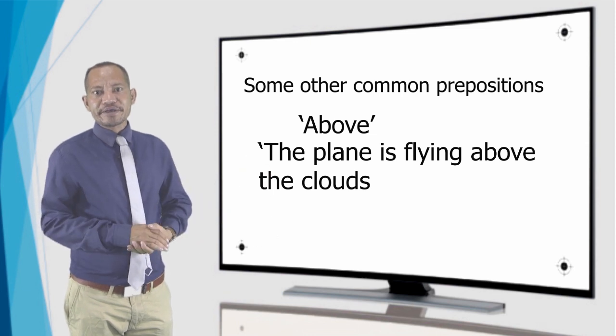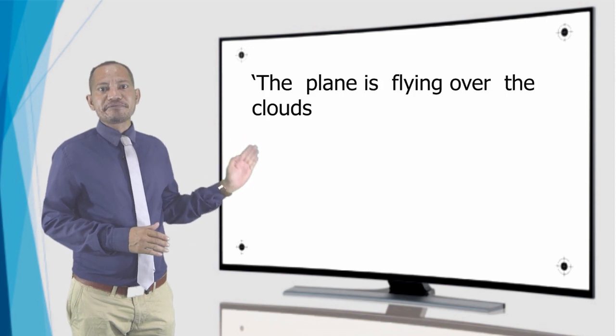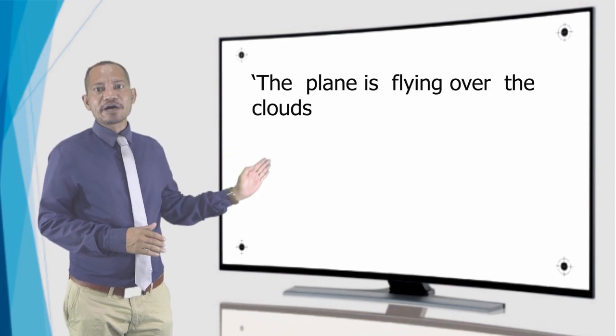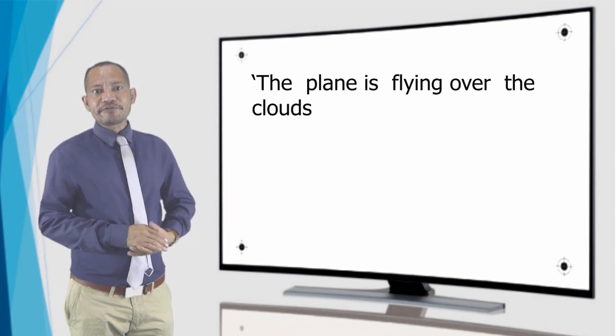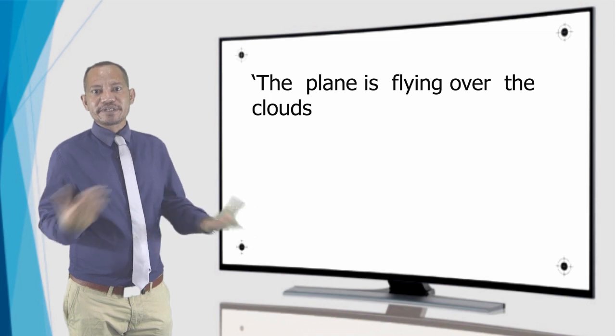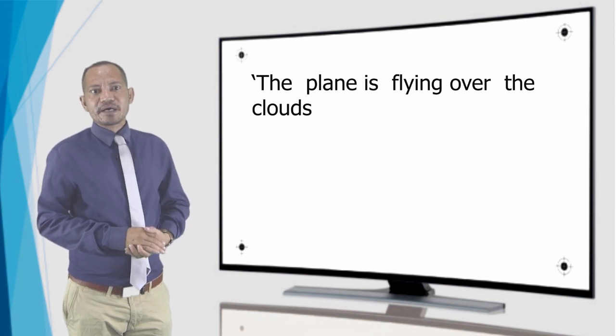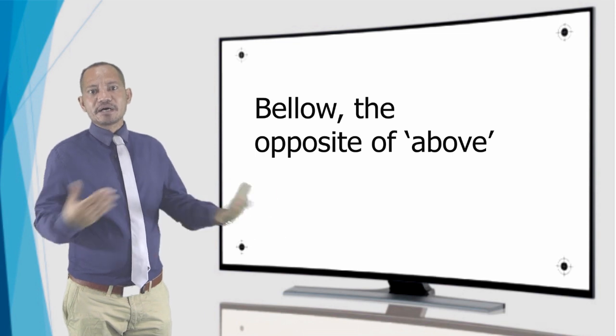And we can also say that the plane is flying over the clouds, which means that the plane is moving from one side of the clouds to the other, etc. And then below, which is the opposite of above.